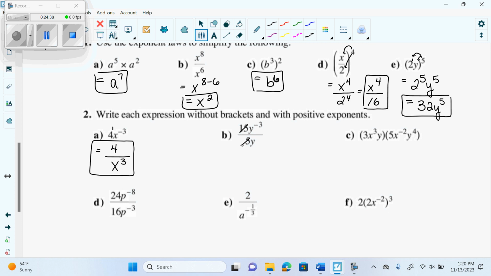These reduce to a 3 over 1. And then y to the negative 3 minus 1. Now some people, so what's y to the negative 3 minus 1? Y to the negative 4. So you're actually going to get 3 over y to the 4.